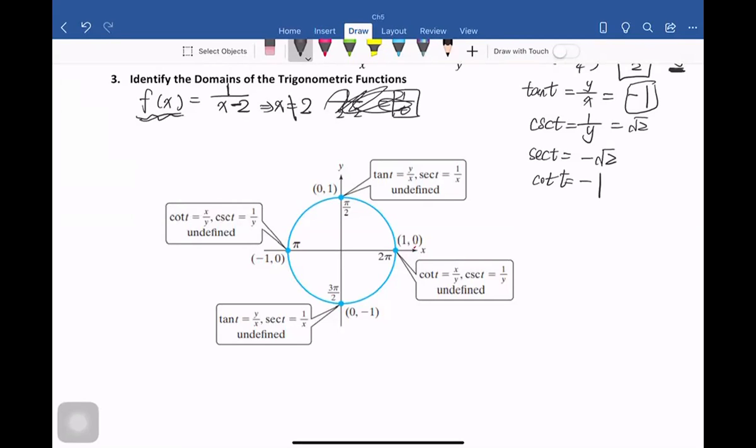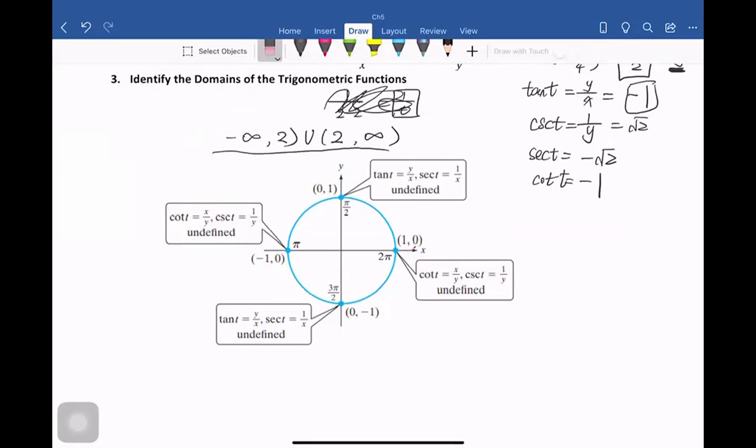So x can be negative infinity to 2, union 2 to infinity. That means this is the domain of x: we can choose any number, but only cannot choose 2. That's the domain of a function. Let's see the trig functions.